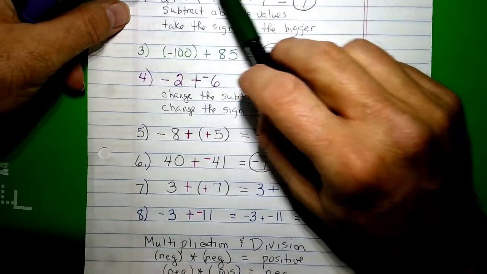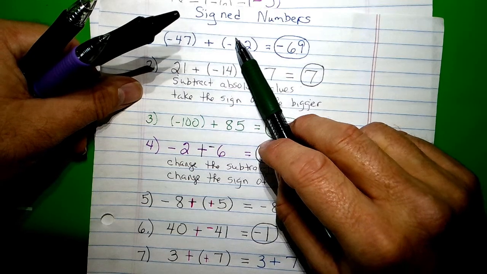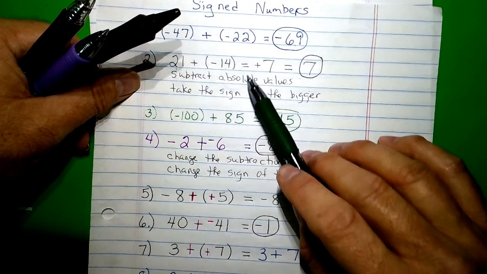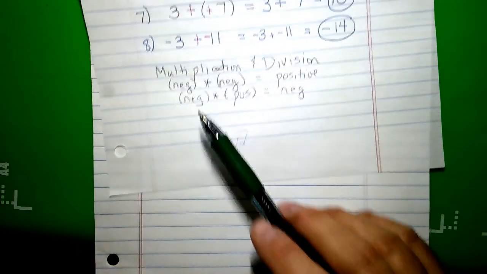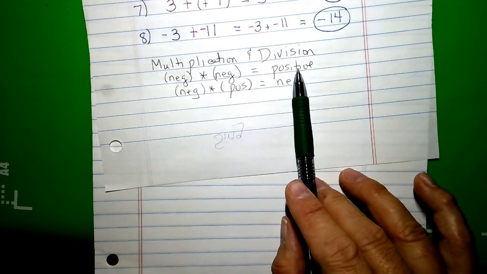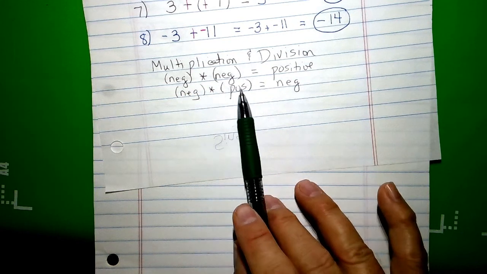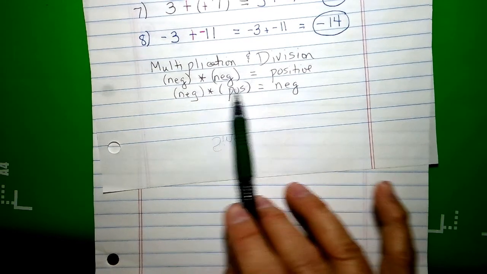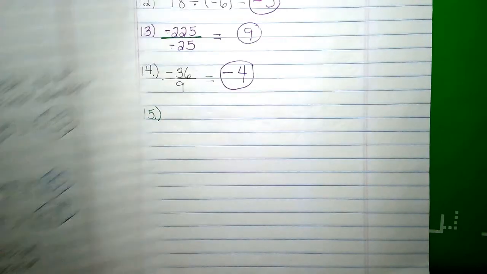How do you add two signed numbers? How do you add a positive and a negative? For multiplying, if you multiply or divide two negatives, the answer is positive. If you multiply or divide with one positive, one negative, the answer is negative.